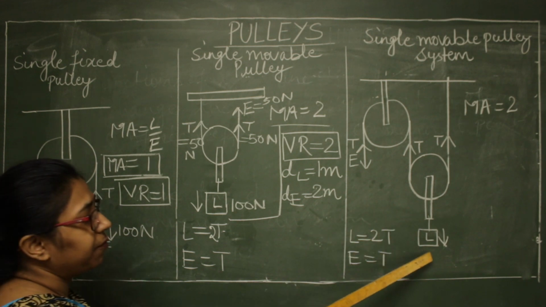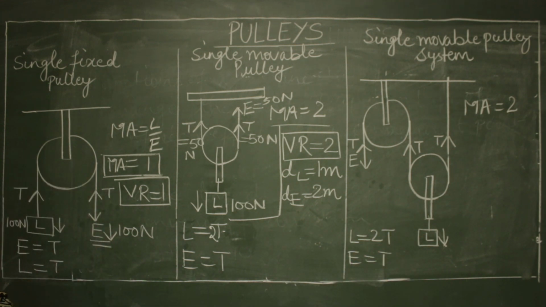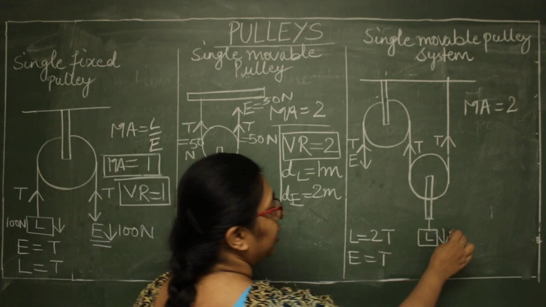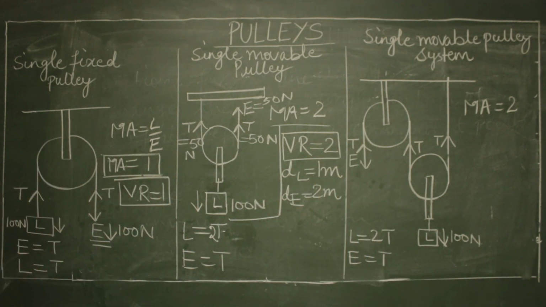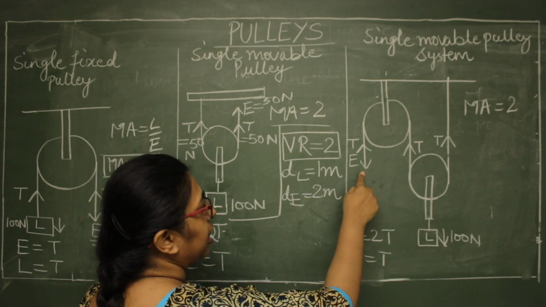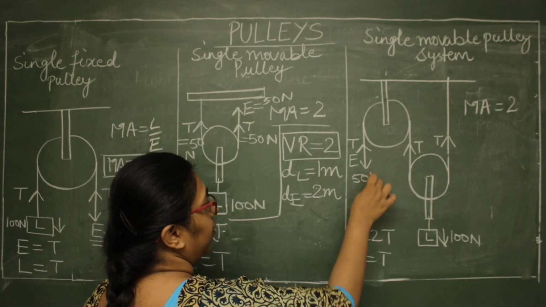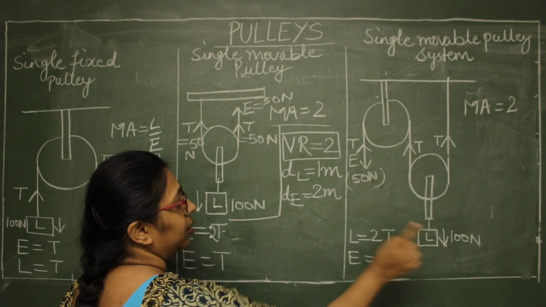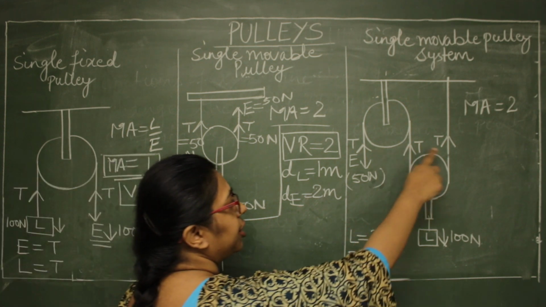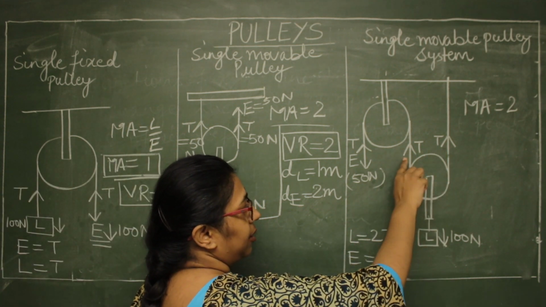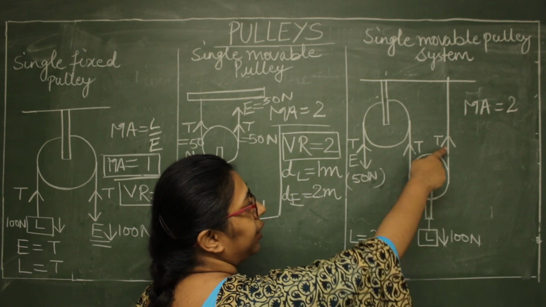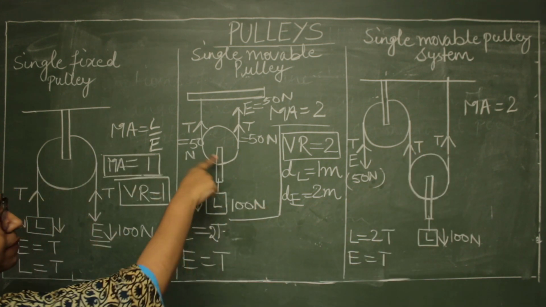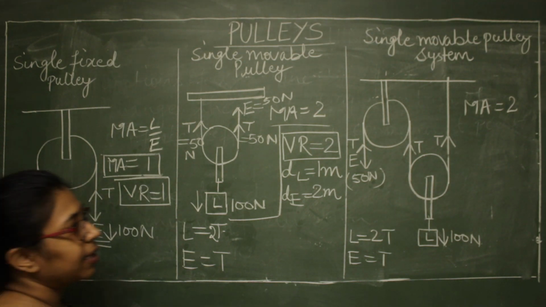Hence, if I have to lift a load of 100 Newton with the help of a single movable pulley system, then the effort which I will apply is only 50 Newton, half of the load. The tension here will share the load equally, and hence the T value will be 50 Newton as mentioned earlier.